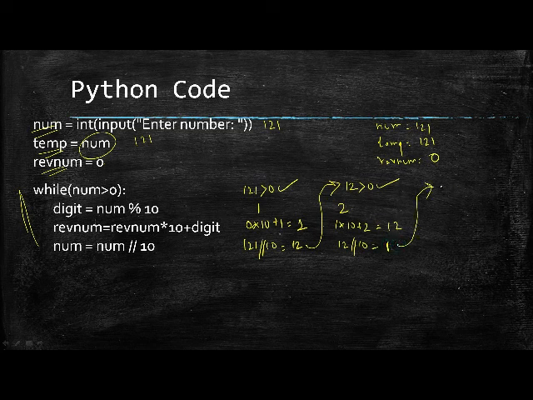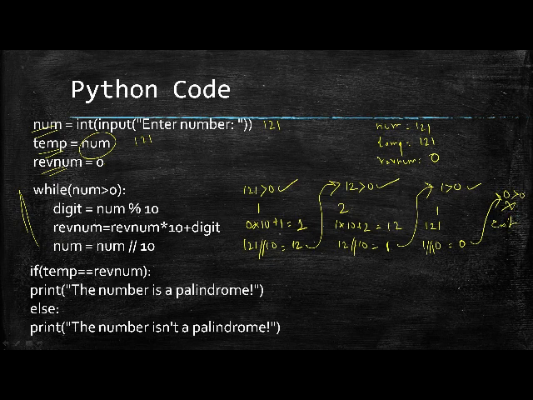Again, we'll go into the loop. 1 greater than 0, yes, true. This time the digit will be 1, the reverse number will become 121, and num will become 1 floor division 10, which equals 0. Again, we'll check the condition. 0 greater than 0, no, so it will exit the loop.